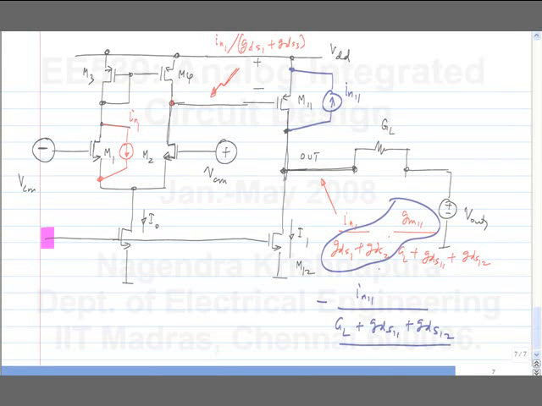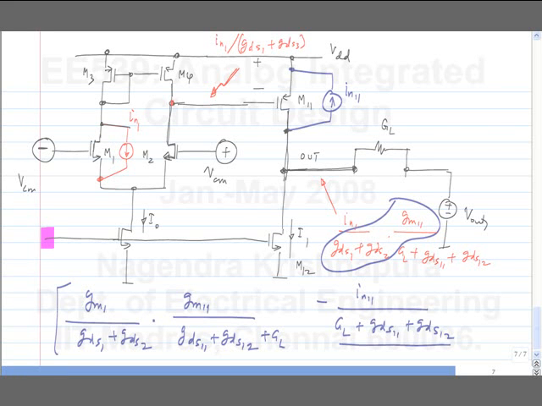Now I want to refer it to the input. What do I do? Divided by the gain of the whole thing, which is this. So this is the voltage gain of the entire stage.